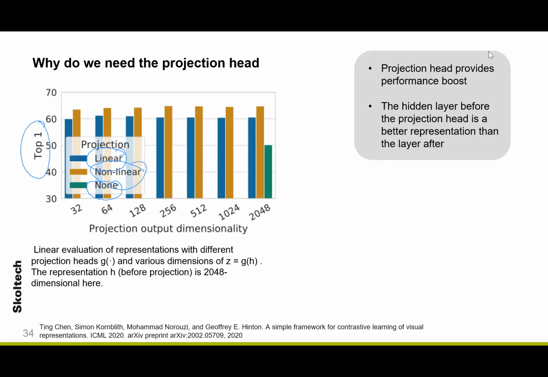What we can see is that the top-one accuracy for the nonlinear projection head is the best. There is a significant gap between the linear and nonlinear approaches, with nonlinear being better. We also have a serious boost in performance when we compare a projection head to no projection head, when we use embeddings at the last layer as what we want. Quite an interesting observation, but okay, that's how practice works.